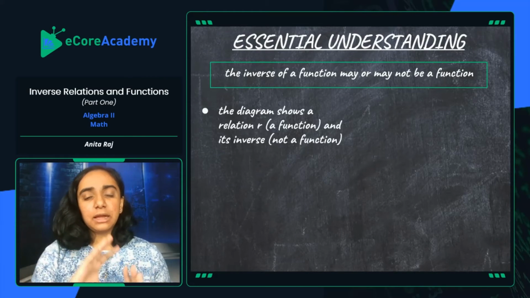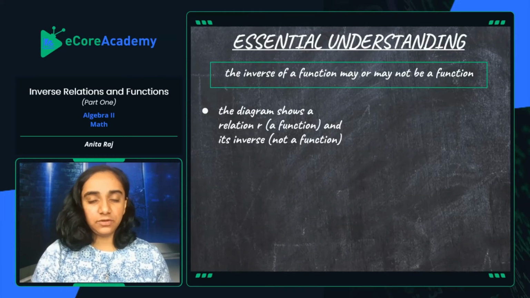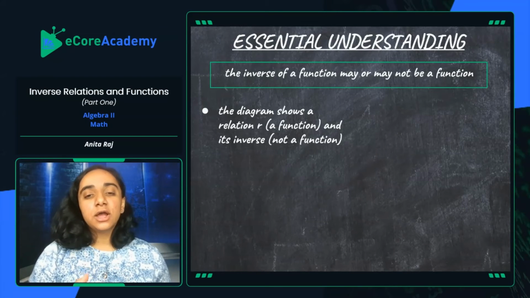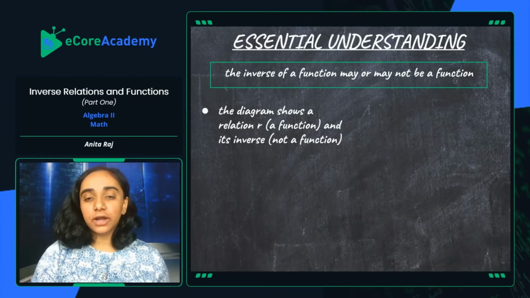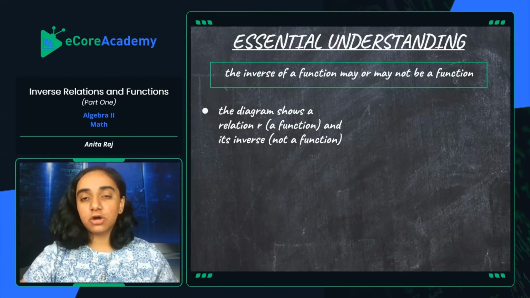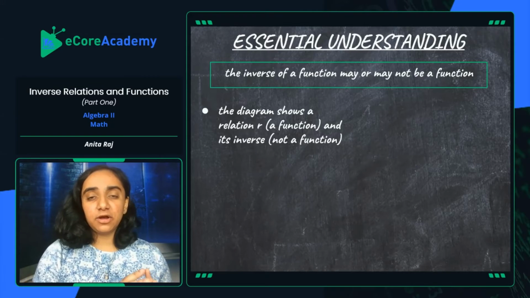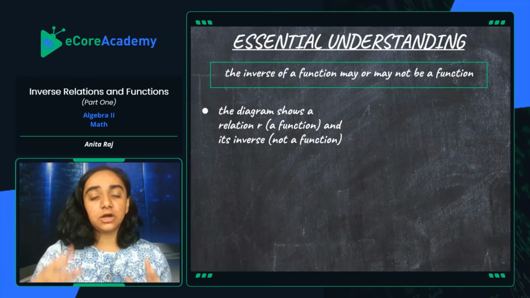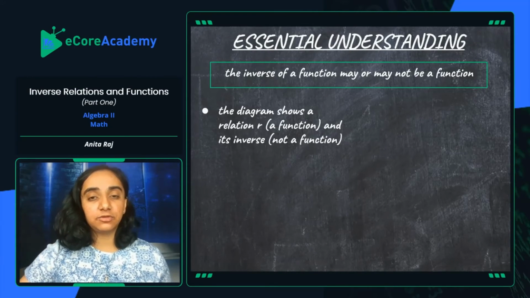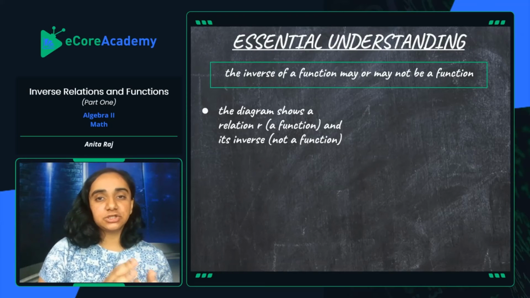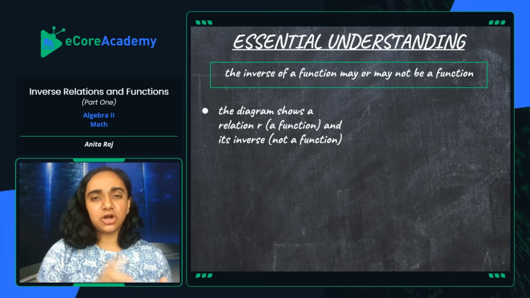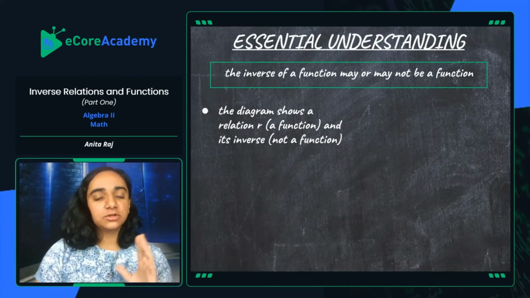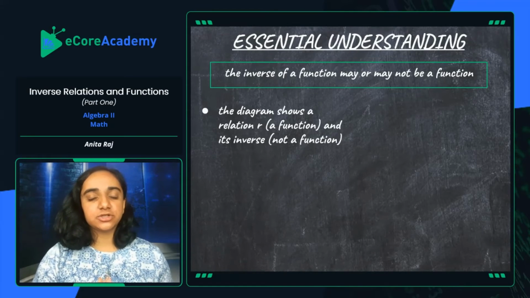The diagram I am going to show you in a minute or so has a relation R, and relation R, we already know, is a function because each element of the domain does not correspond to multiple elements of the range. Sorry, there are multiple. I think there are 4 numbers in the domain.